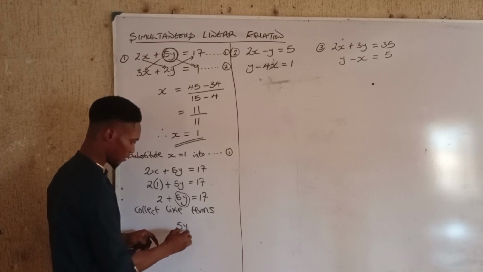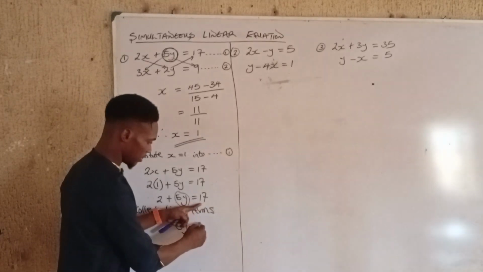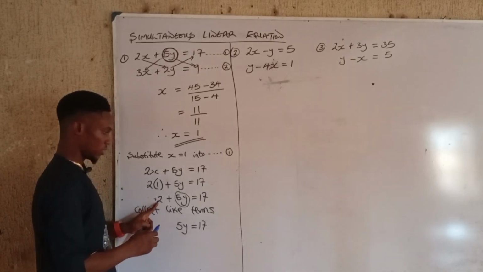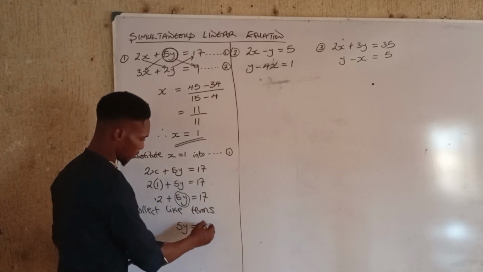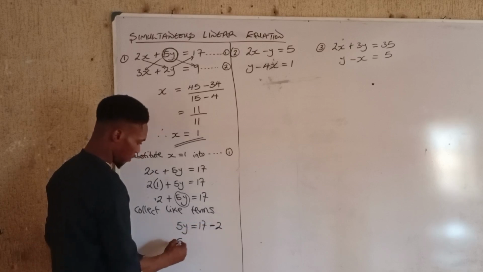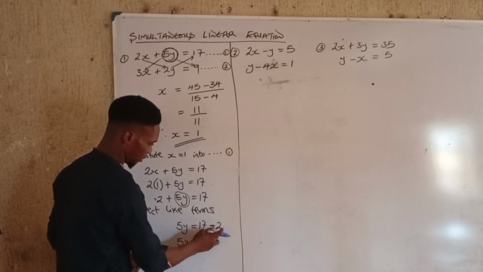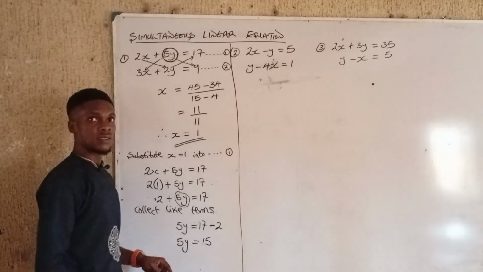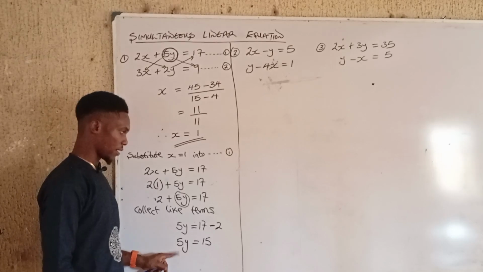Our landlord now is 5y equal to the chairman here, 17, and here is an invisible plus, a positive 2. If positive 2 is crossing over, it becomes minus 2. Then 5y is equal to 17 minus 2, which is 15. Then we are looking for y and not 5y.